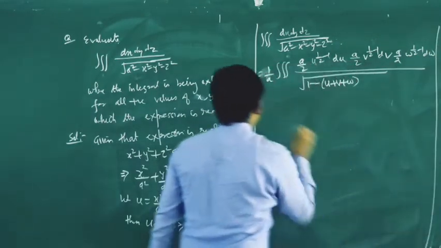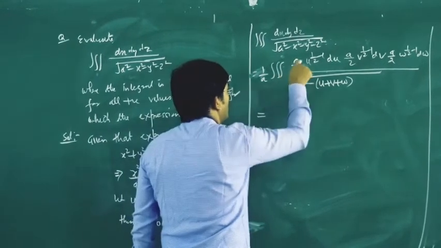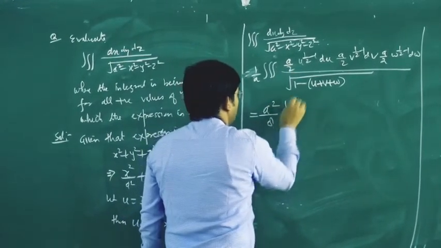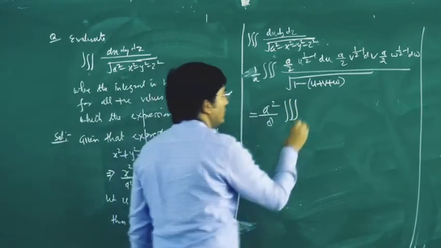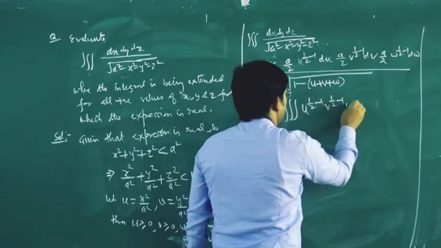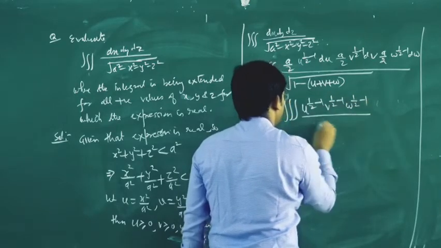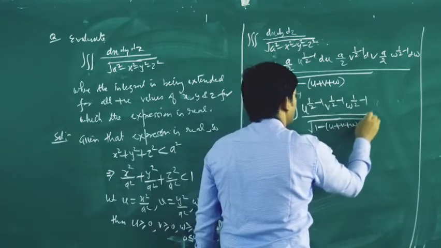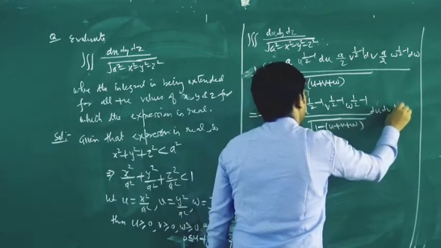Now 1 by a will get cancelled, so we have a square upon 8, then u power half minus 1, v power half minus 1, w power half minus 1 divided by 1 minus u plus v plus w into du dv dw.